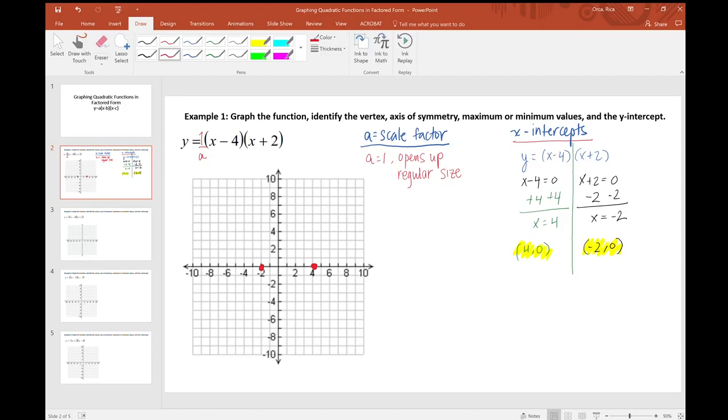Afterwards, we need to find the vertex. Okay, so let's look for the middle, and once we've identified the middle between the 2 points, then we can draw our axis of symmetry and our vertex. So the middle part of our graph is going to fall on x equals 1.